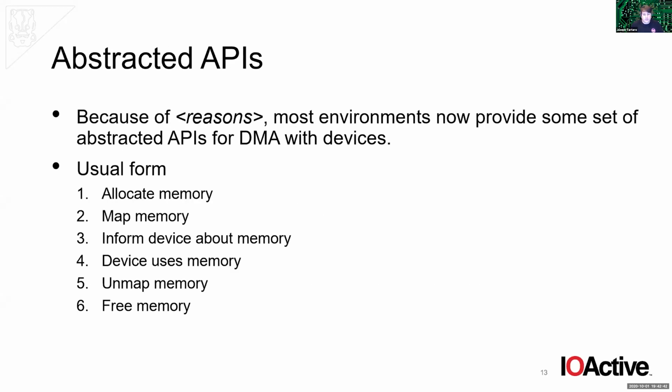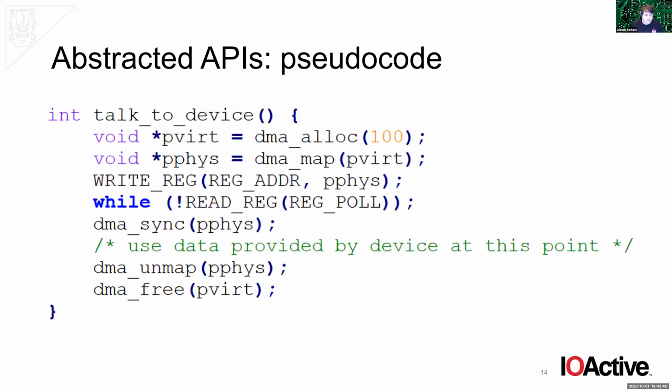Because of various reasons, to communicate with devices and set up DMA allocations, there are abstracted APIs. The general form is that you allocate a buffer, you map that memory, you inform the device about the mapping, it does its behavior, then you unmap it and free the memory. Here's some pseudocode showcasing that.